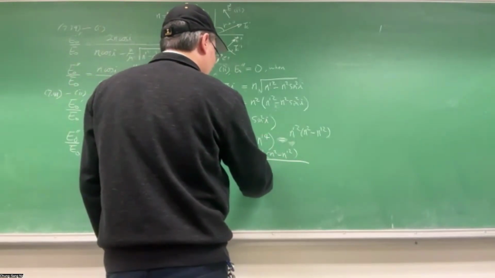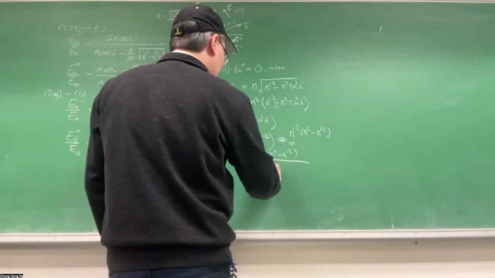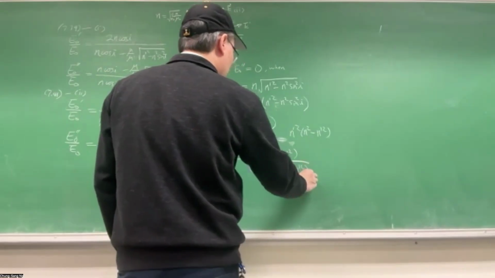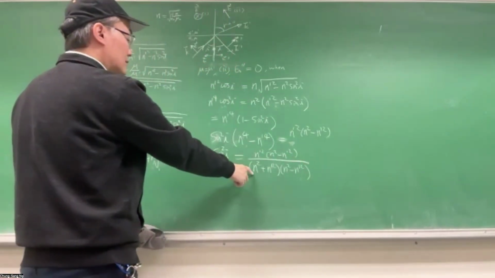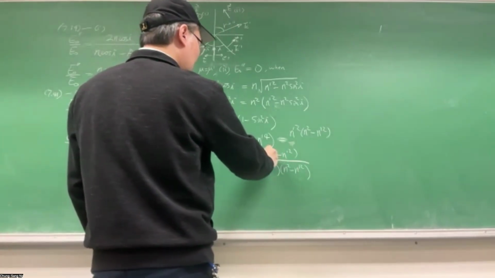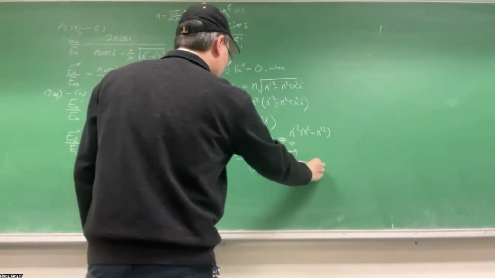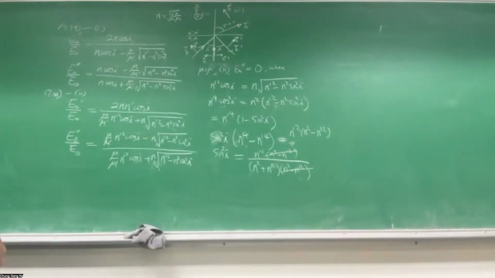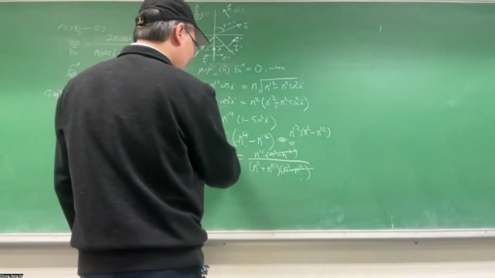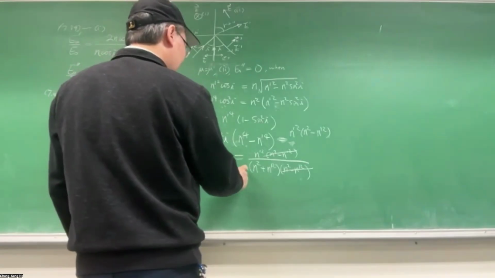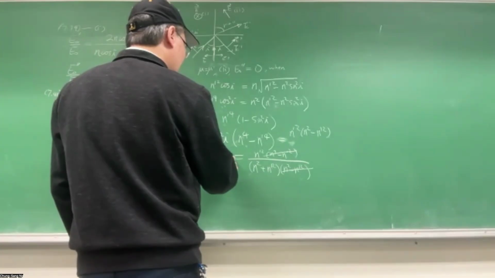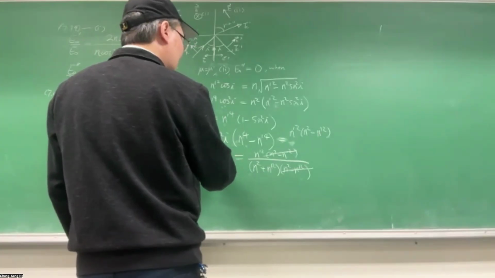So it's n square plus n prime square times n square minus n prime square. Right? And you have this factor, n square minus n prime square, so these two cancel. Okay? So that is actually a formula, but there's an even simpler formula.